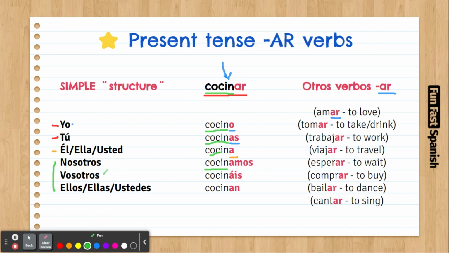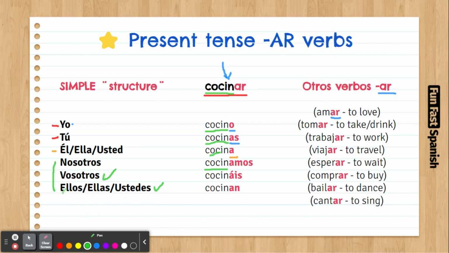Vosotros is only used in Spain, guys. If you want to use vosotros, if for any reason you're in Spain, I recommend you to learn this personal pronoun. If you are not in Spain, you don't need to learn this. It will be useless. You're gonna learn ustedes instead, okay? Which is you guys in Latin America.